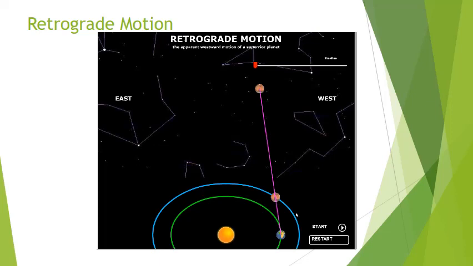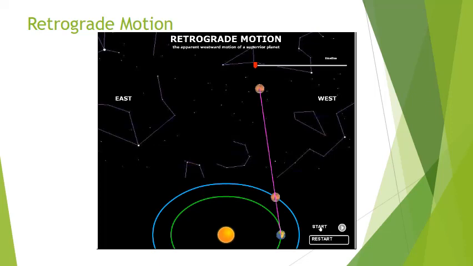Now, as I hit start, notice what happens with the relative positions of the Earth and Mars and how that changes the angle at which Mars is viewed from the Earth, and that's going to, of course, change the position of Mars with respect to the background stars. Again, most of the time, all planets move eastward with respect to the background stars, but on occasion, the planets appear to move retrograde, meaning westward.